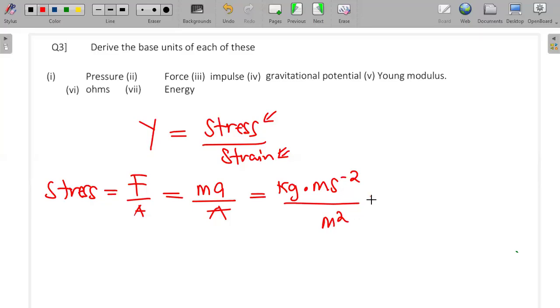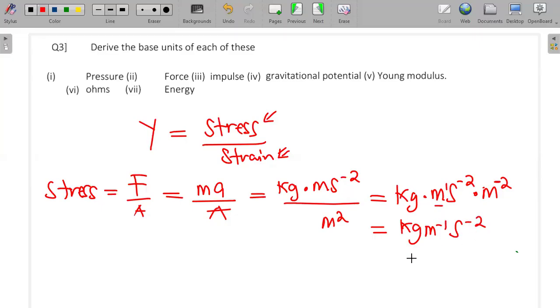Okay, so I take the m squared on top to be kg multiplied by m s to the power minus 2, multiplied by m to the power minus 2. So this will just be equal to kg. This is m, and this is m. Oh, here, it has to be minus 2 because that's come on top. So 1 plus minus 2, that would be m to the power minus 1, s to the power minus 2.